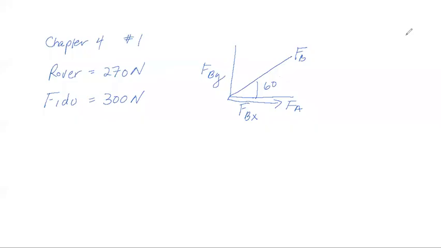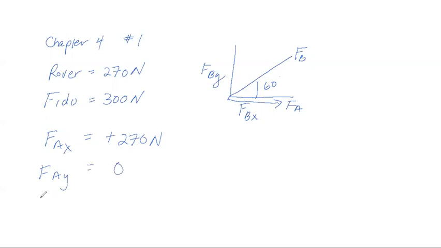Okay, Rover is going to be force A and Fido is going to be force B. So force A sub X is going to be equal to plus 270 newtons. Force A sub Y is going to be 0.